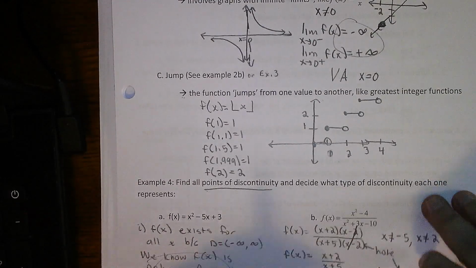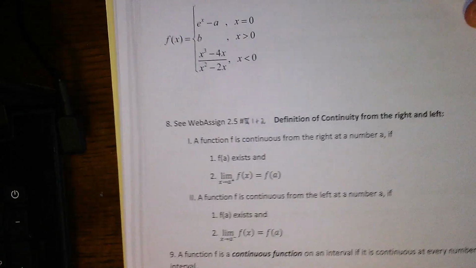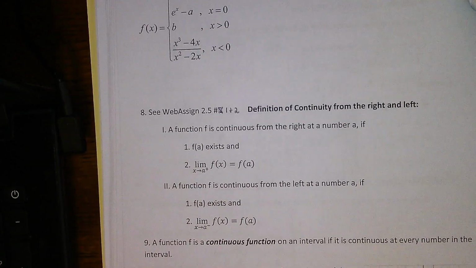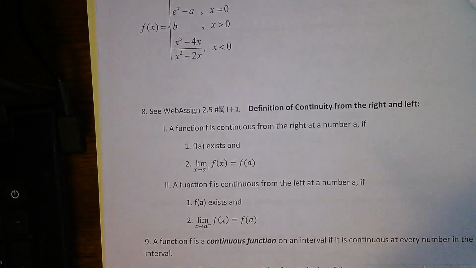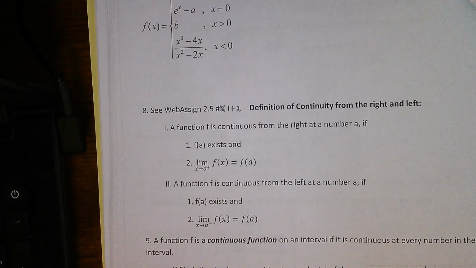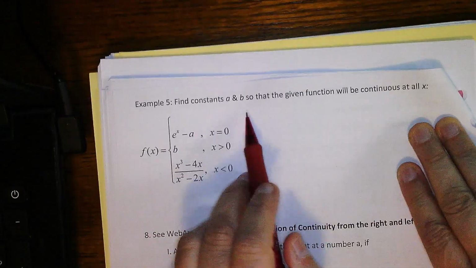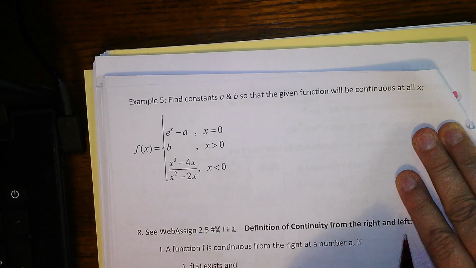Let's see what we got here. All right, so now we have a couple of examples that you might see. It says find constants a and b so that the given function will be continuous at all x.